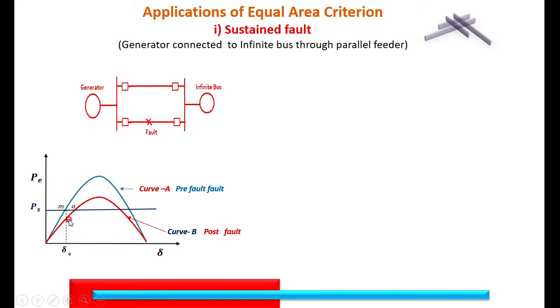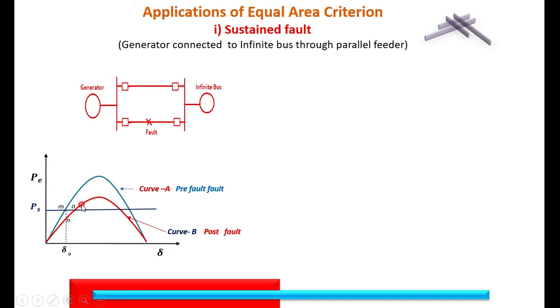When it is moving on from N, there is an acceleration. The speed goes on increasing from N to O. At O, the electrical output and the mechanical input are both equal. However, because of the inertia, delta goes on increasing. The speed has increased from synchronous speed to more than the synchronous speed.